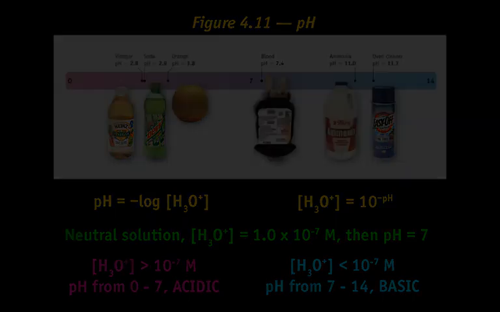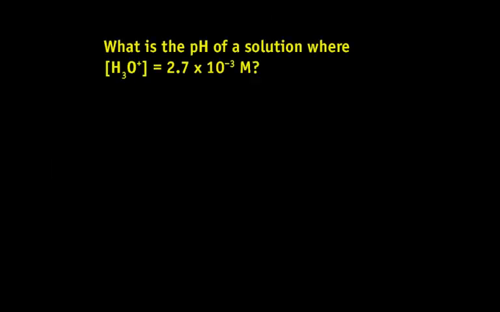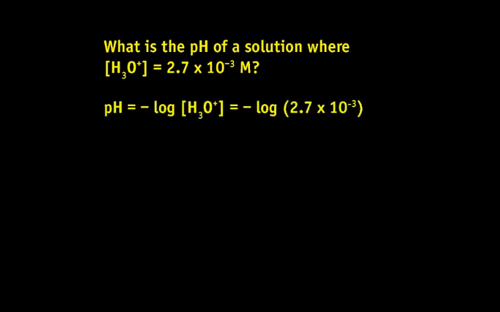Suppose you have a solution whose hydronium ion concentration is 2.7 times 10 to the minus 3 moles per liter. What's the pH of that solution? Well, the way to solve this is to use the standard equation for the calculation of pH from hydronium ion concentration, minus the log of the hydronium ion concentration.